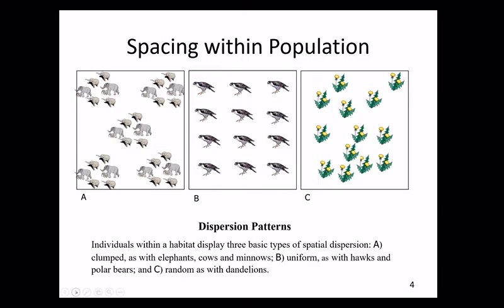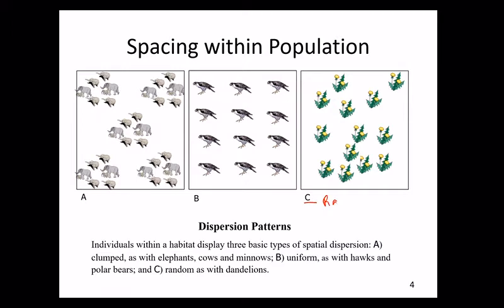Within a given population range, we're going to see that different species will occupy the area differently. We have three different demonstrated dispersal patterns, or how the species are going to be spread through that area. I always like to start backwards and start with C, which is random.